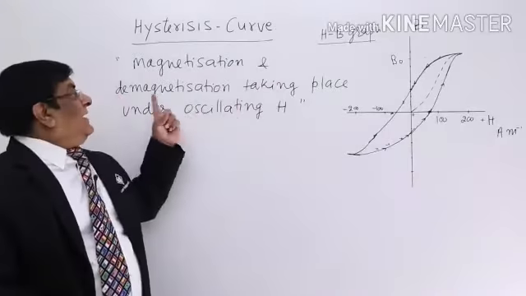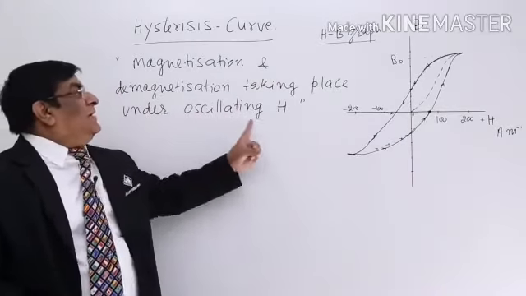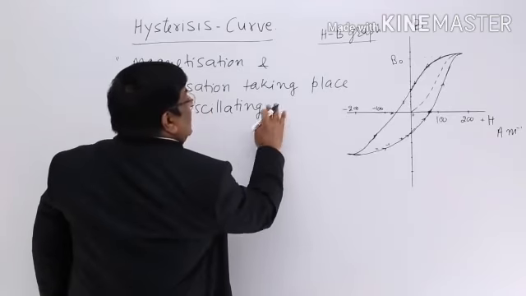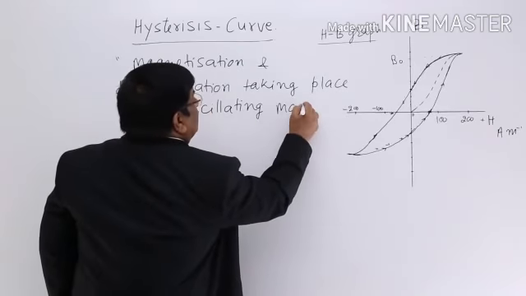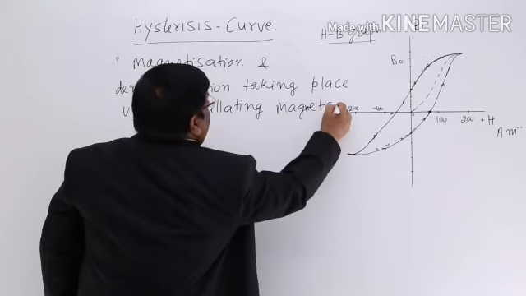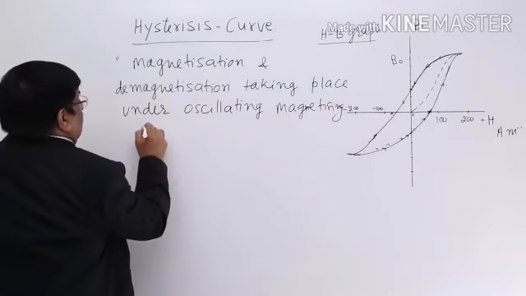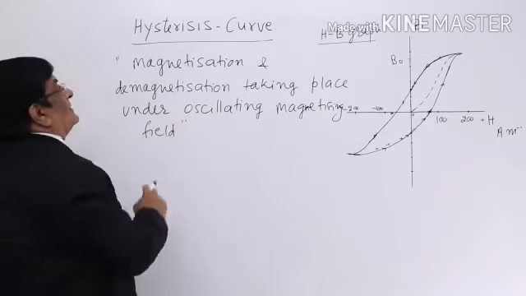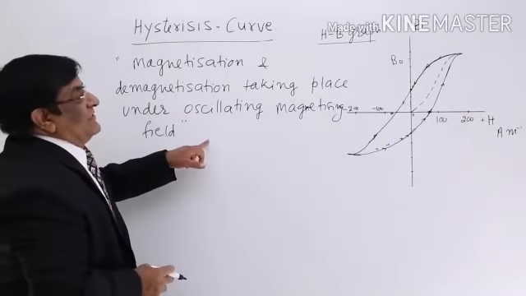Magnetization and demagnetization taking place under oscillating H. If I write this, then H is what? Magnetizing field. Okay. This is what is happening in a hysteresis curve.